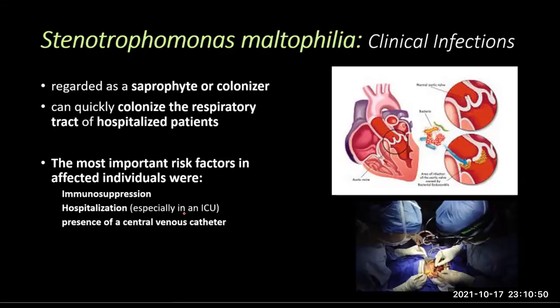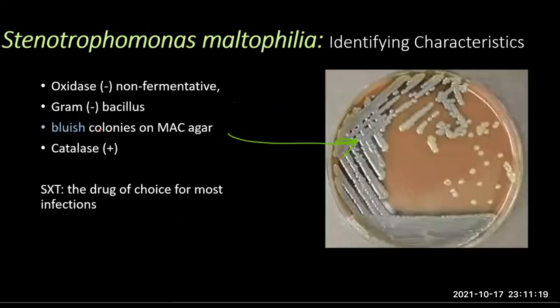We also have the clinical infections caused by these species. They are regarded as saprophytes or colonizers. They can easily invade and colonize the respiratory tract of hospitalized patients. The most important risk factors in affected individuals are immunosuppression and hospitalization, especially in an ICU, in the presence of a CVC or central venous catheter.